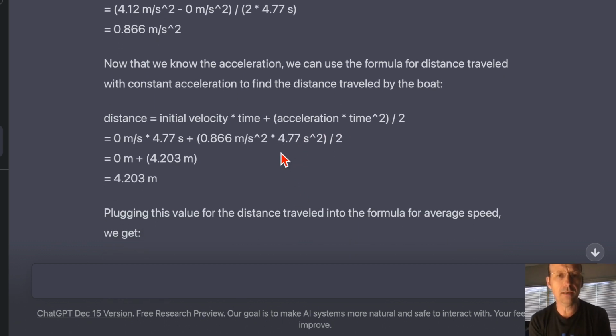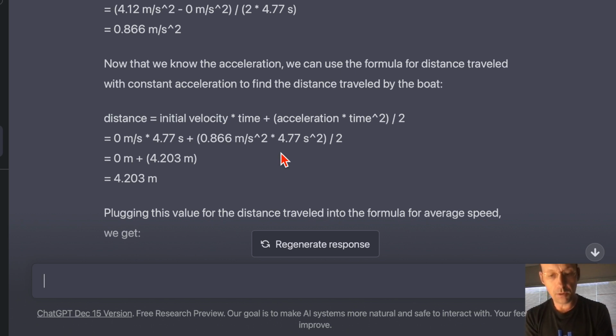Let's see if I do that. Clear. Let's do it the right way. 0.866 times 4.77 squared divided by 2. I get the right answer.